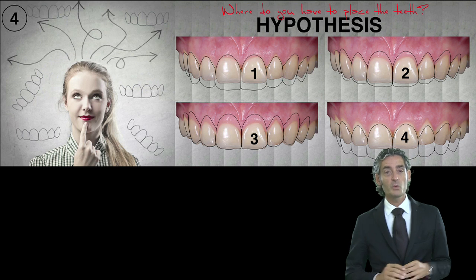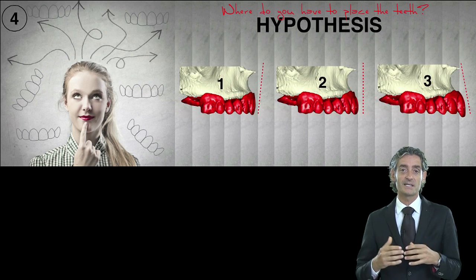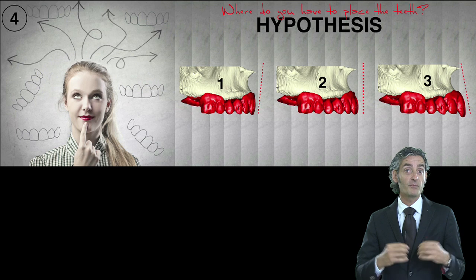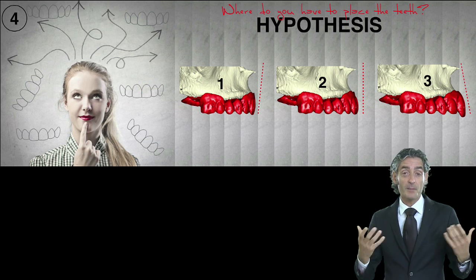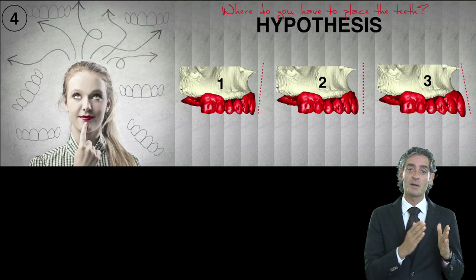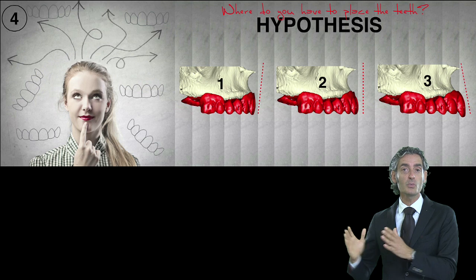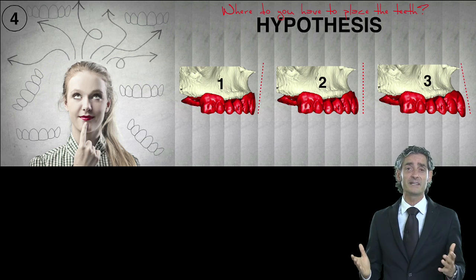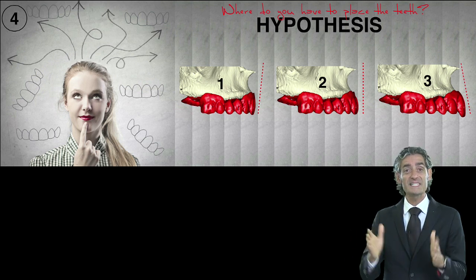And then when we speak about implants, our hypothesis is only the provisional denture, for example, and or the mock-up that is like a denture, because in case number 1, for example, we will place an implant in one way. In case number 3, we are going to place the implant completely differently. So we have to know our target before placing the implant.